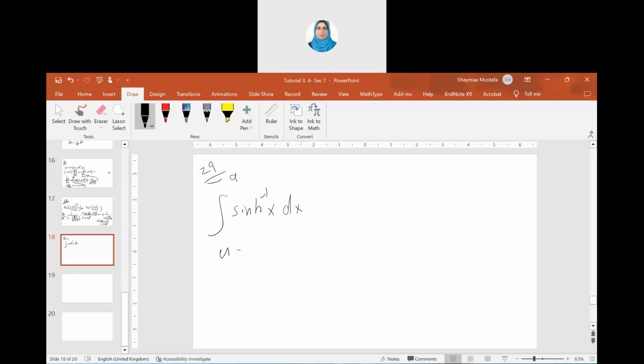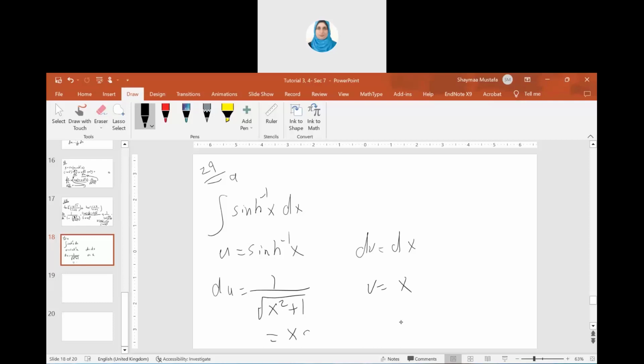Take u equal to sin inverse x, dv equal dx. Then du, I think, the derivative of sin inverse is 1 over square root of 1 minus x square, and v equal to x.